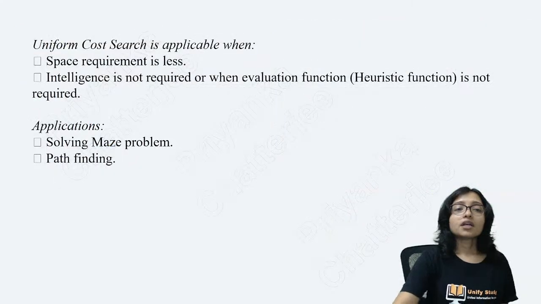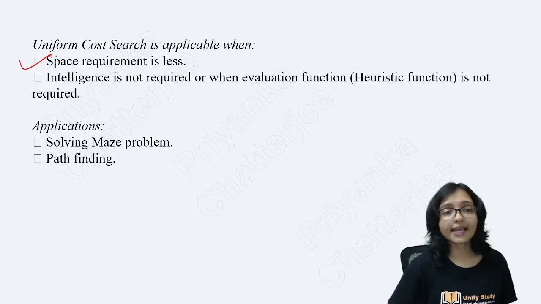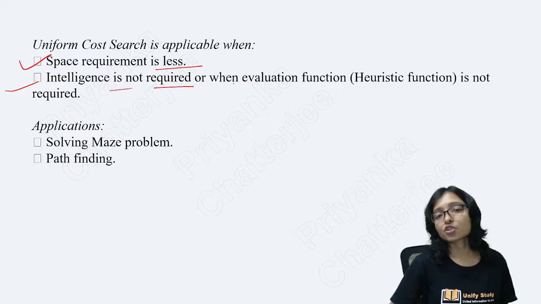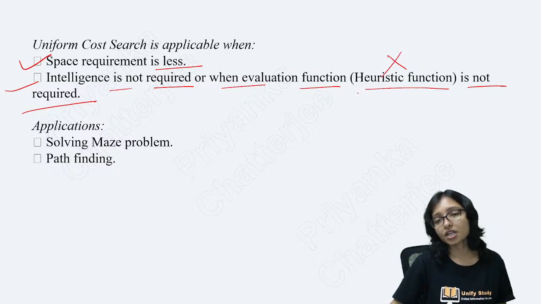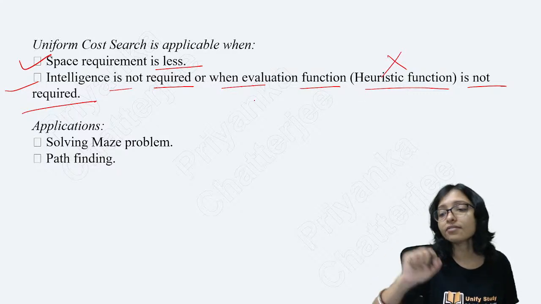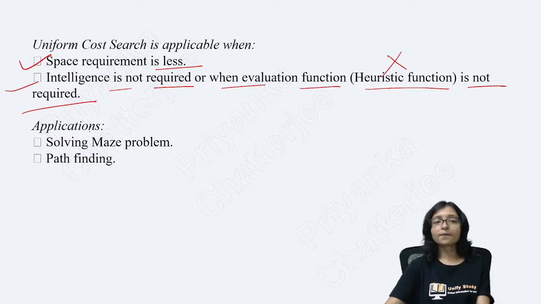Here in uniform cost search, space requirement is less and intelligence is not required. A heuristic function is not required here because the values are already given to you.